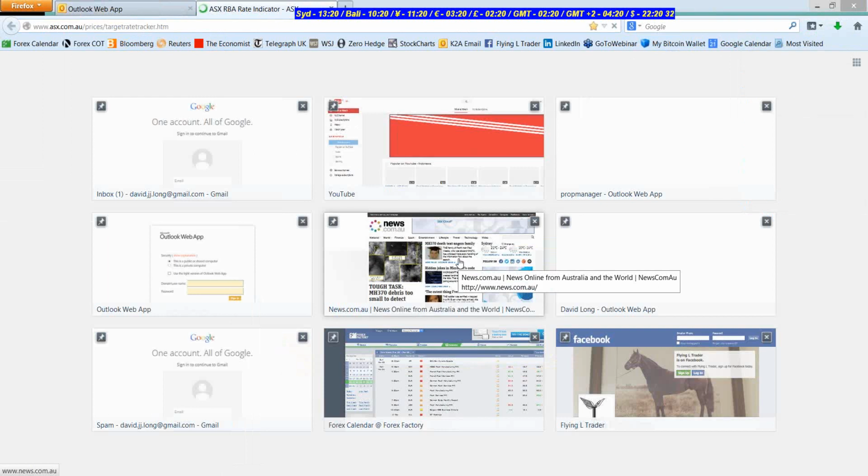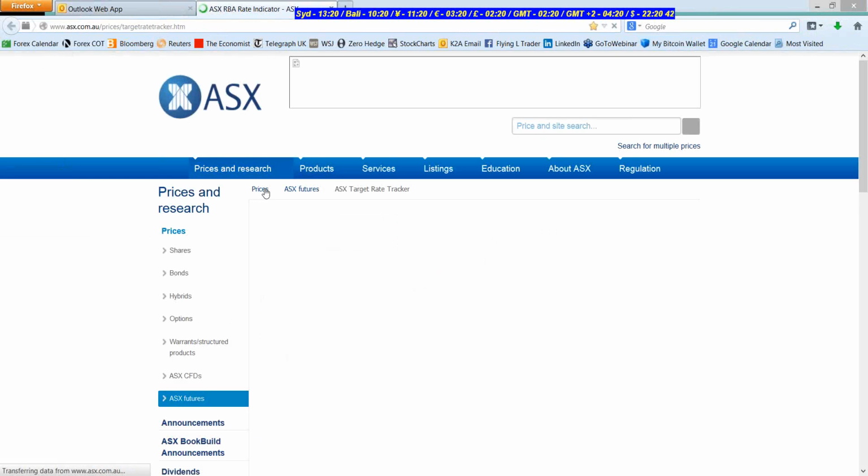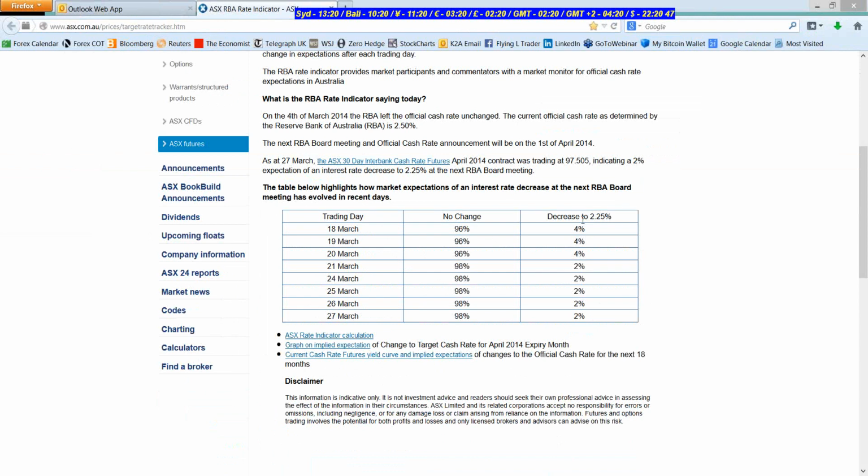It's on the homepage of the ASX. Rate indicator, and there's a 2% chance of a decrease, a 98% chance of no change, and they haven't sort of started to roll that into what would be the chances of an increase, because the market's still sort of bearish of the view.